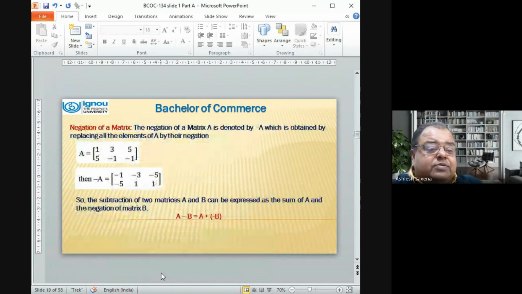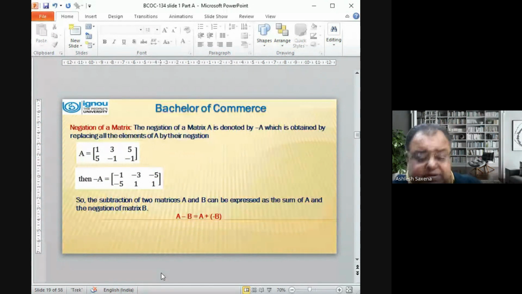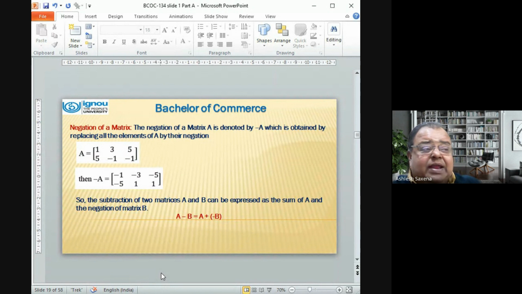Now comes negation of a matrix. Negation of a matrix is denoted by minus A. We have just seen it. Now the thing is how it is obtained. If you have matrix A as 1, 3, 5, 5, minus 1, minus 1, what will be negative A? You have to change the sign of the original matrix.